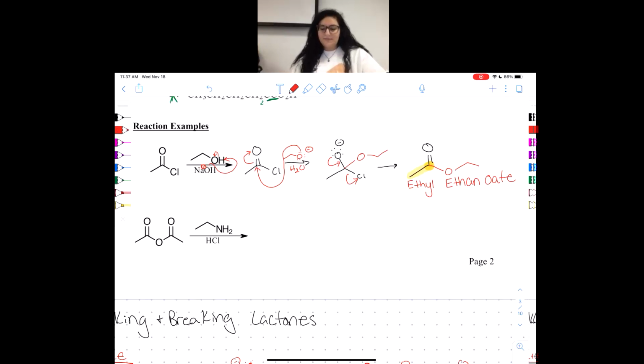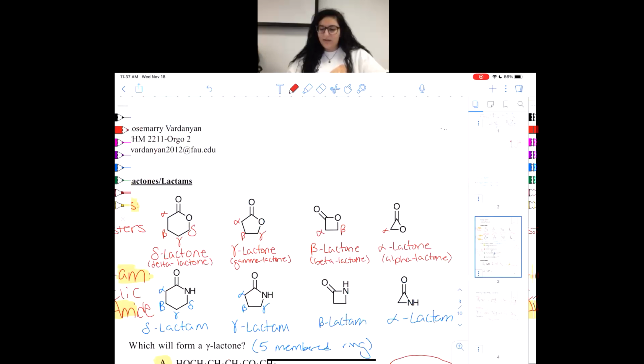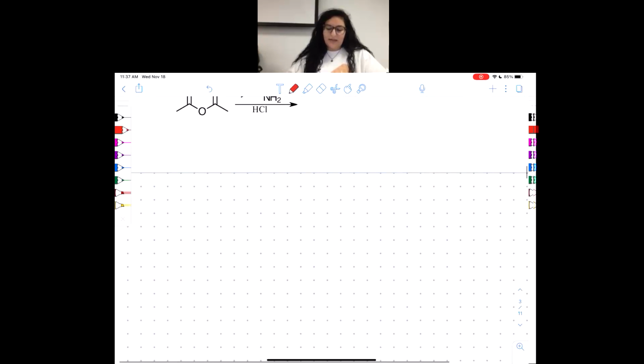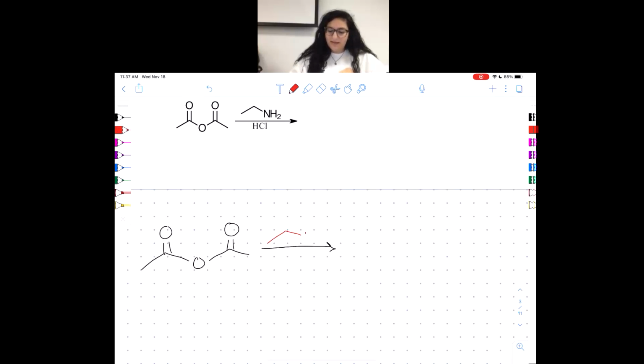Cool. So this next one, I'm going to add an extra page here, and I'm going to do it on that extra page because I know I'm going to run out of room. While I draw it out, please tell me what this is called. One person said it, but I want one more person to say it.